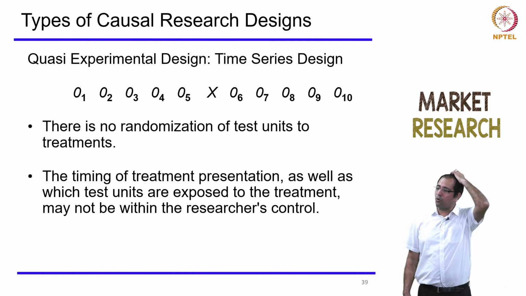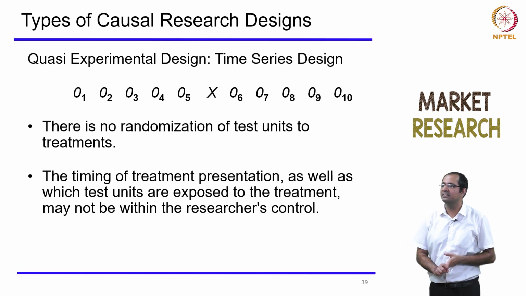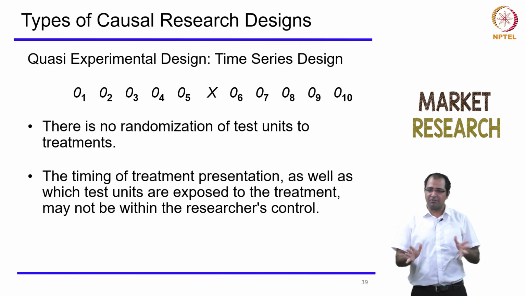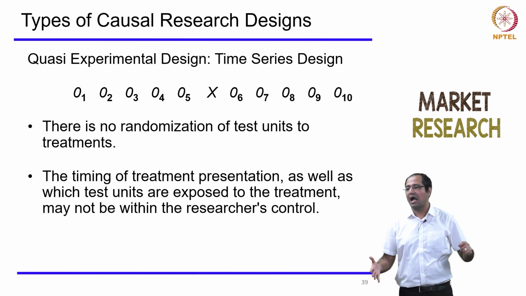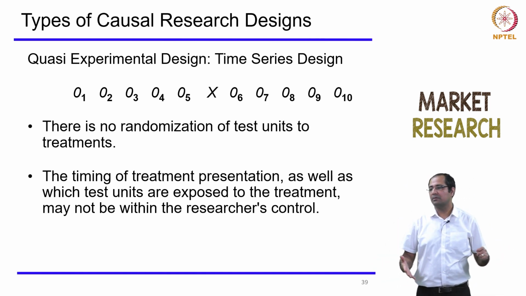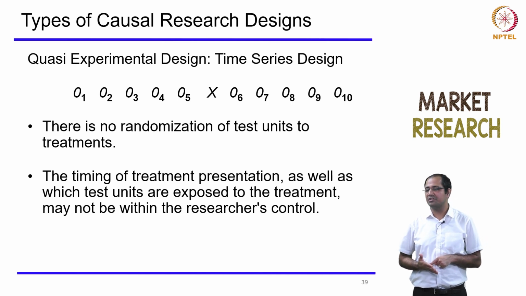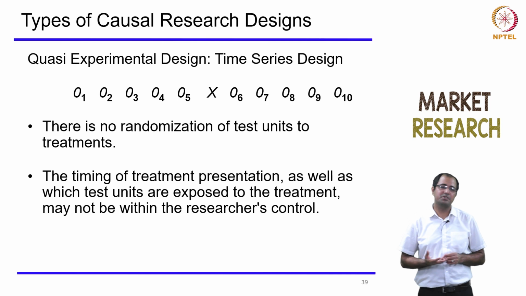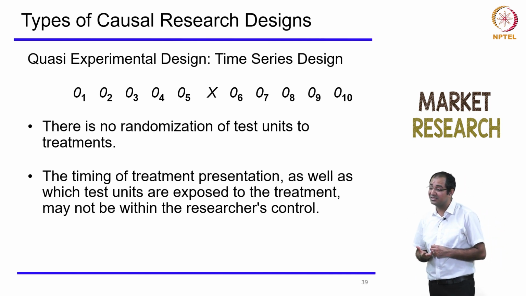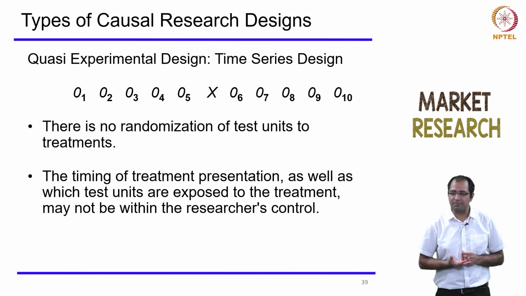The next one is quasi-experimental design. Now they are not the true experimental designs. True experimental is the best form of experimental design, where we mainly use randomization and a control group, and we could also use test unit matching. But quasi-experiments are different from true experiments.